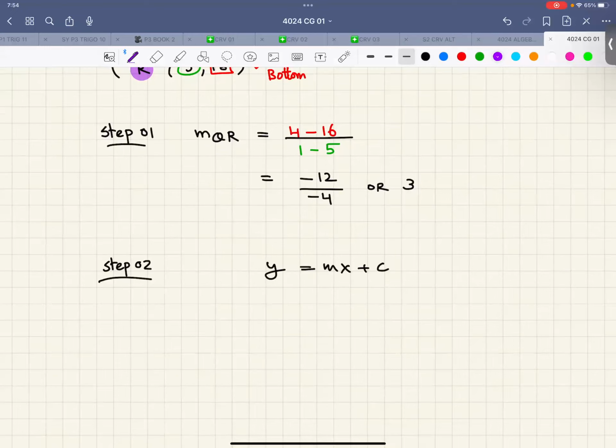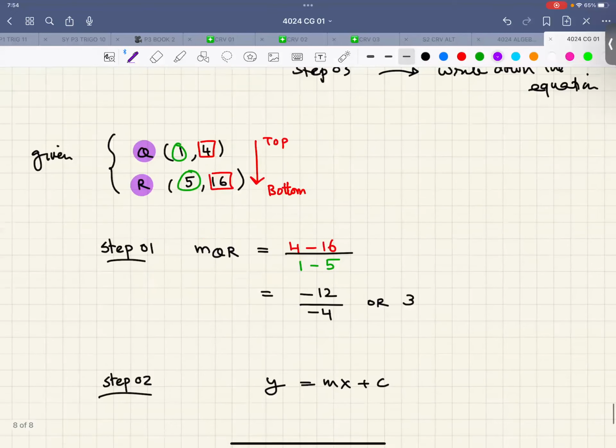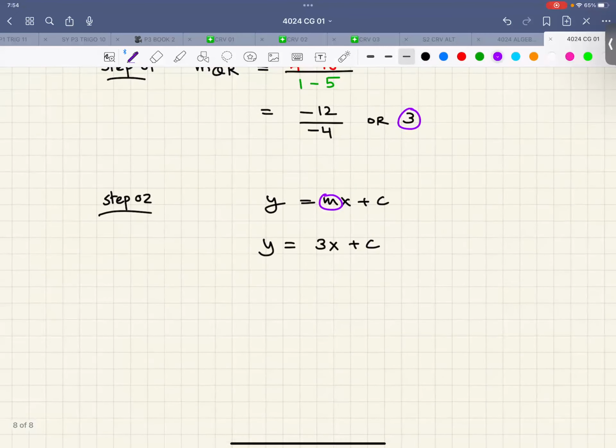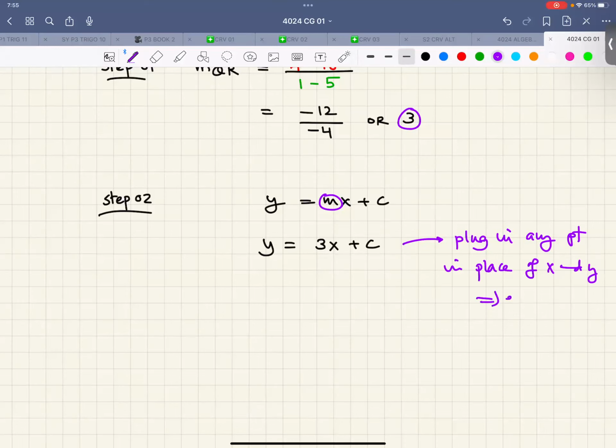And this is your m, that is over here. So replace it over here. So therefore, I have y is equals to 3x plus c. Now, what we do is that we plug in any point in place of x and y, and we will evaluate c.